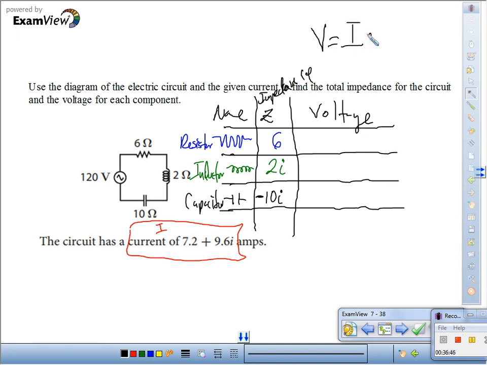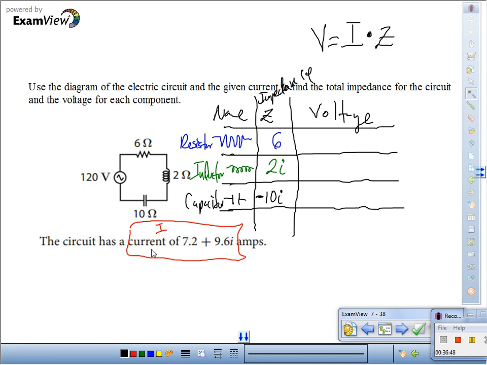The current I times Z, which is the impedance. All right, so let's find the voltage of each piece.